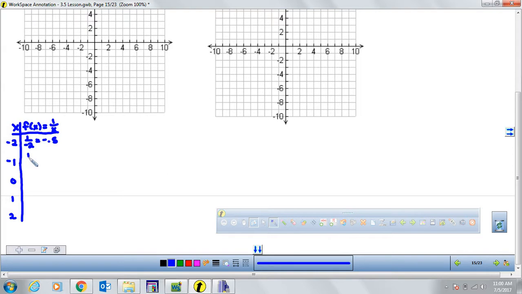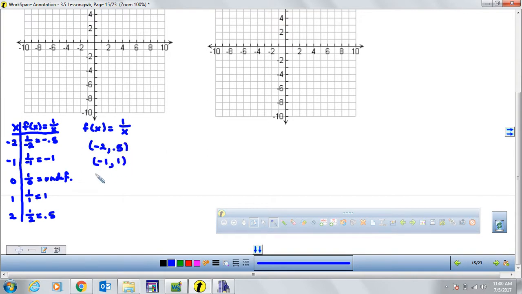So 1 divided by -1, it's going to give me -1. 1 divided by 0, that one is undefined. Remember that this is where my vertical asymptote is going to be. Then 1 divided by 1 is going to give me a 1, and 1 divided by 2 is going to be 0.5.